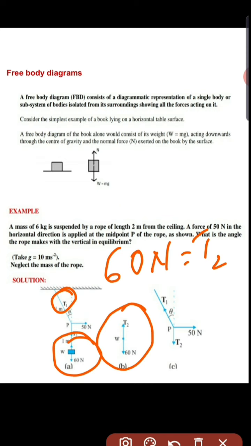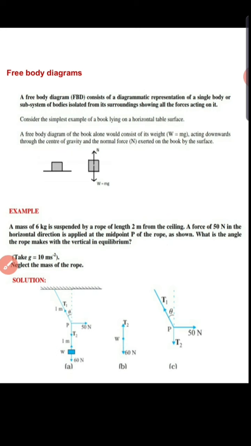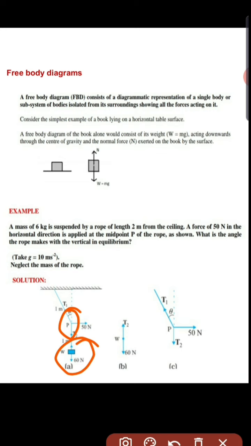Now coming to the case of the point P. Since the system is in equilibrium, the point P also is in equilibrium. There are three forces acting at the point P: 50 Newton in the horizontal direction, towards right, and T2 acting in the downward direction, because that tension arises because of this object.